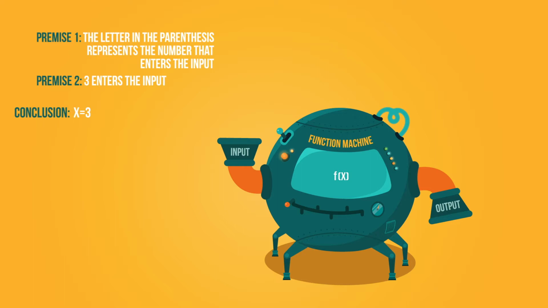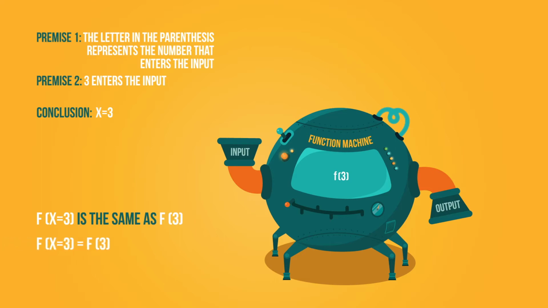Therefore, x is equal to 3. For convenience, instead of writing f of x equals 3, you can just substitute the x for the input number. So in this case, you can substitute x for 3 and write f of 3.